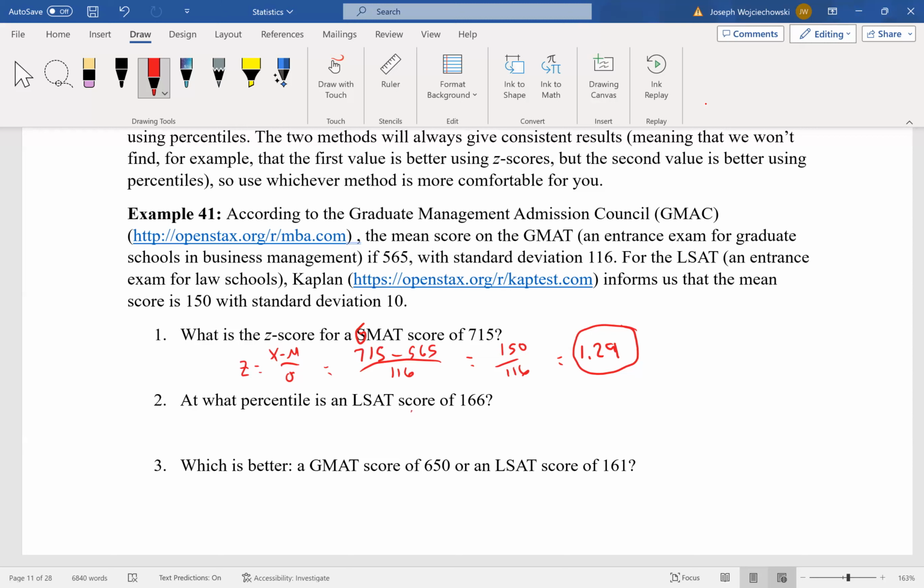So we have our z-score equals 166 minus 150 over 10. This gives me 16 over 10 or 1.6.